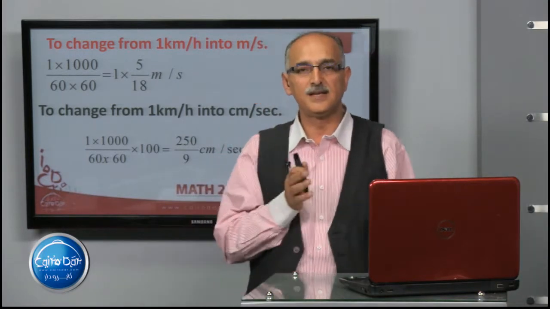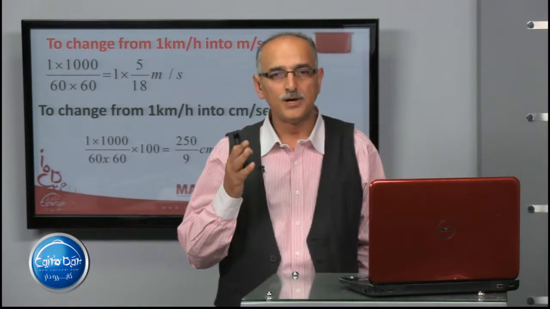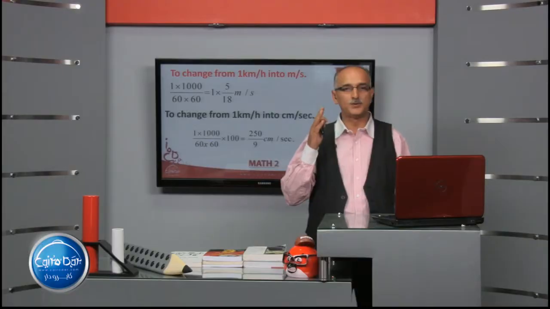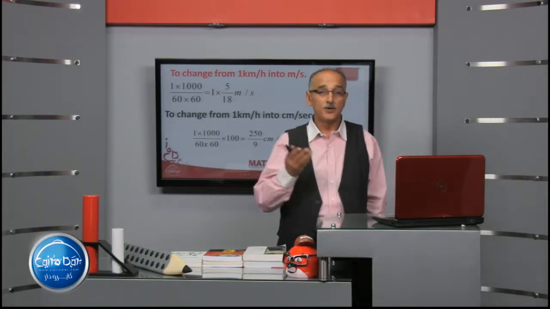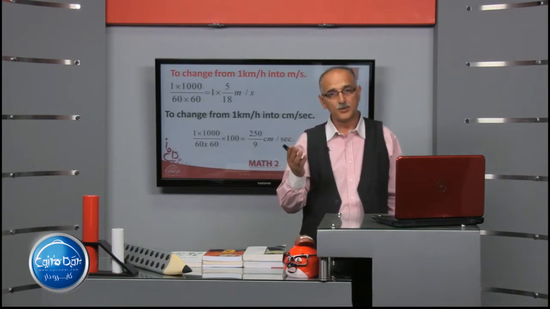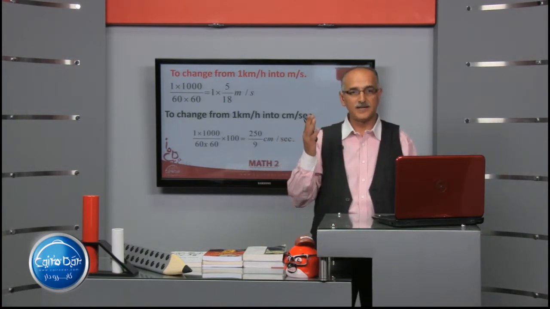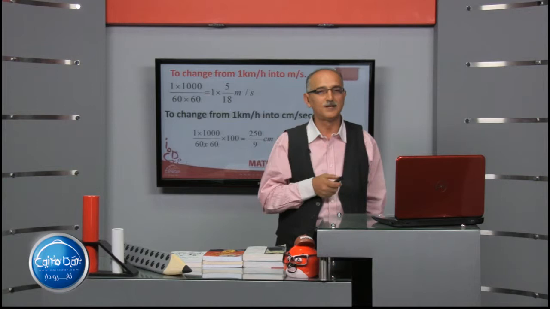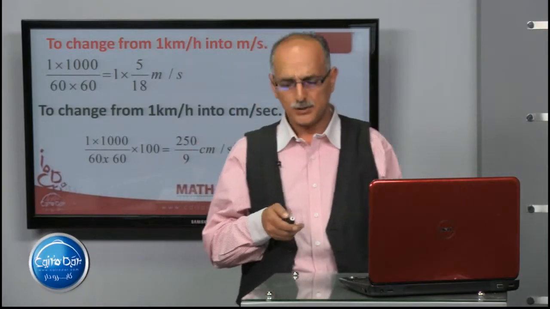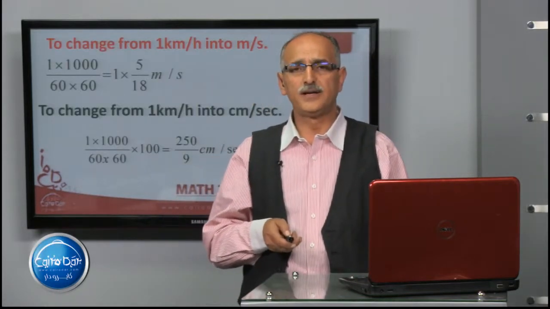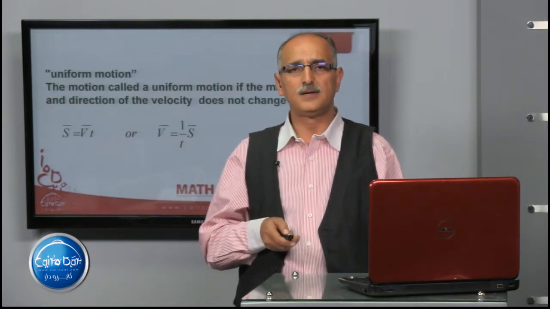So it's very easy to do on your own. When you change from kilometer per hour to centimeter per second, multiply by 250 over 9, or the converse: when we change from centimeter per second to kilometer per hour, multiply by 9 over 250. So with our conversions, we are now ready to find all our units of velocity.